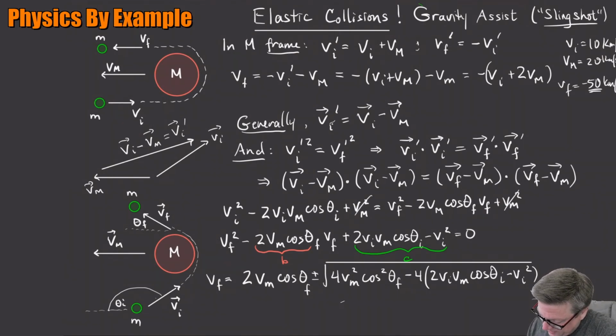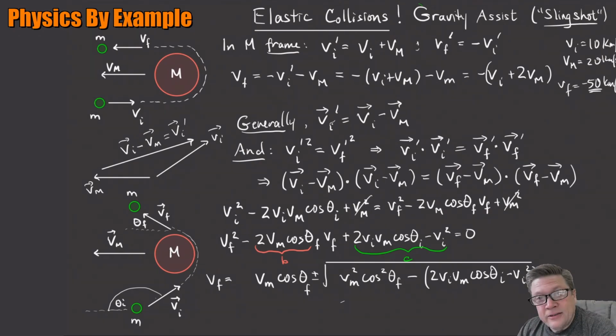So let me do this just to simplify it. I can get rid of that, I can get rid of that, and I can get rid of that. If I factor out that 4 and take the square root, then I have my final answer.